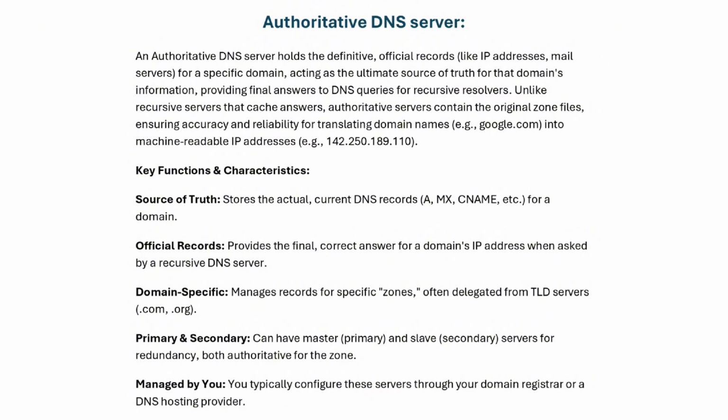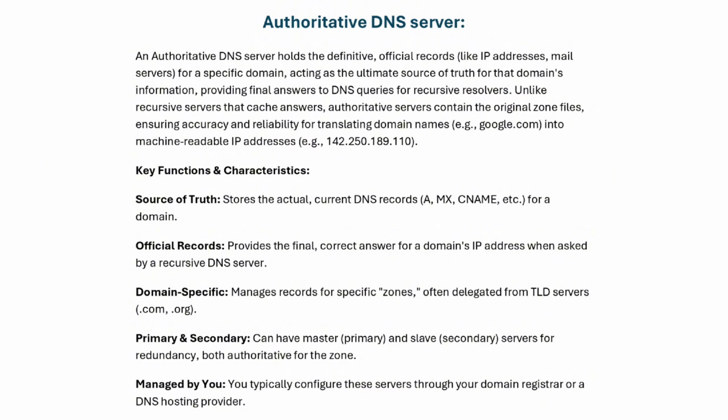Authoritative DNS servers contain the original zone files, original details that provide accuracy and reliability, redirecting for example google.com into a machine-readable IP address, that is 142.250.189.110.